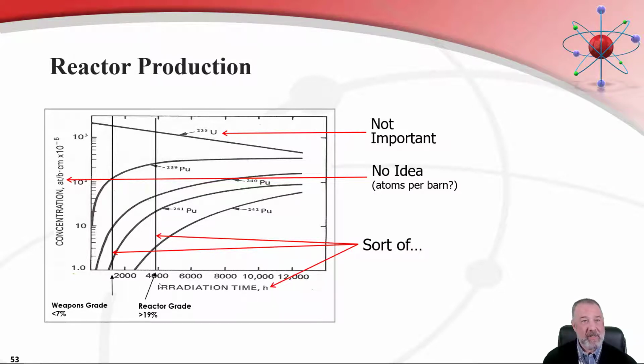And the reason we make this delineation between weapons grade and reactor grade has to do with what those other isotopes actually do as a function of time. And we'll talk about that here in a little bit.